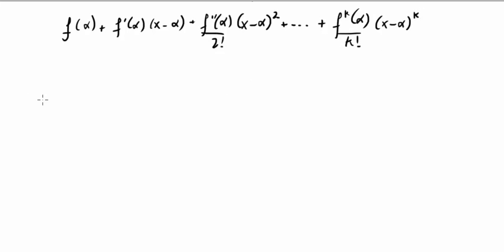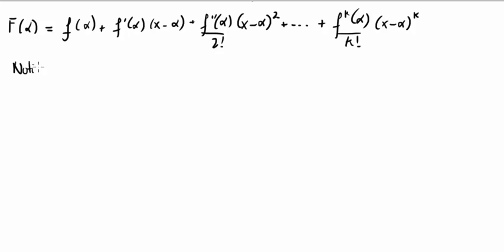And we'll truncate the expansion at degree k. Instead of taking a fixed alpha and varying x, I'm going to look at what happens to this expansion as we change alpha for a fixed x. So I'll call the expansion big F of alpha.